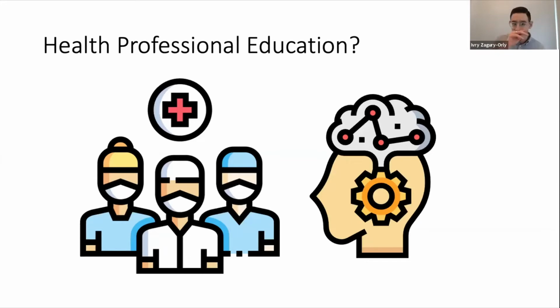So what we were interested in was to look at the studies published on the effect of paper versus digital in health professional education. Why health professional education? Well, we can say that in general, health professional students, learners, residents, have a similar learning framework. In preclinical environments, they learn basic sciences.